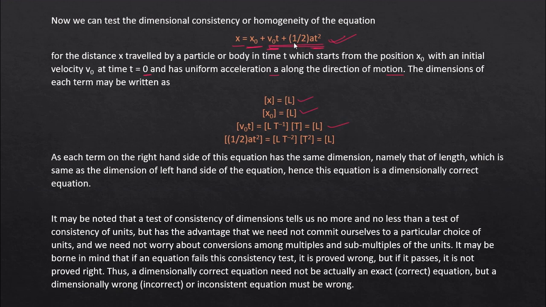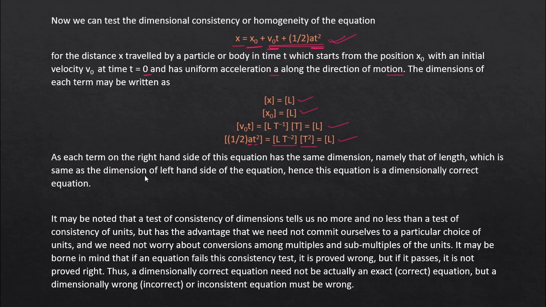What is the dimension of a t square? We do not care for the half because it doesn't have any dimension. So we care about a t square, which has dimensions. For a it's LT^-2, and for t square it's T^2. So when you multiply, it's L. So this equation is dimensionally correct.